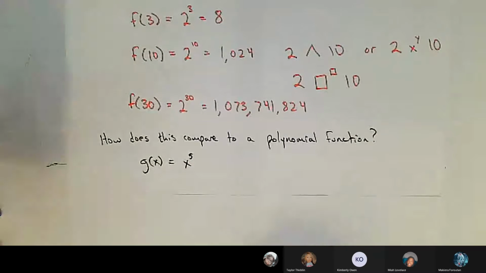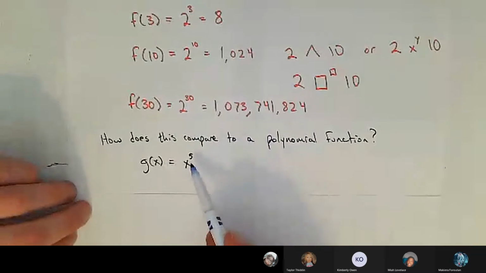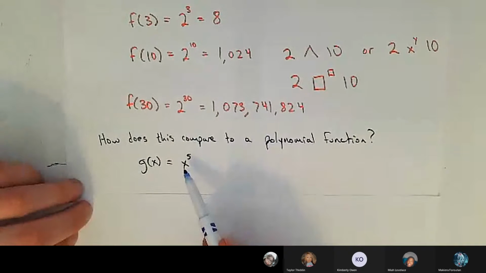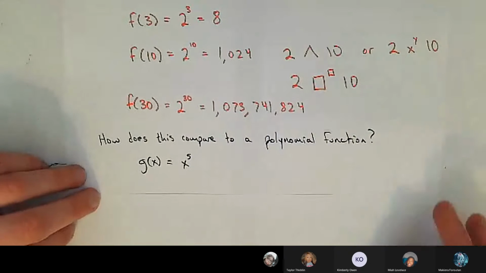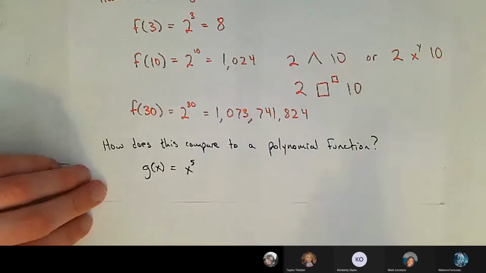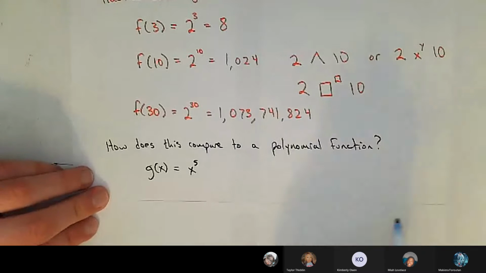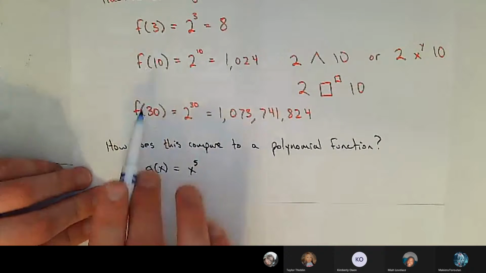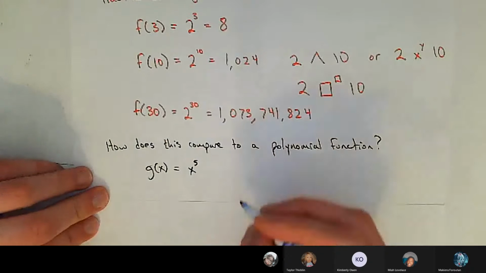So x to the 5th, that's a fairly large exponent. It's a fifth degree polynomial. We didn't do a whole lot with these other than just say it's odd, so it has this sort of shape, and all that stuff, right? What does this evaluate to at these same three inputs? So let's look at that.